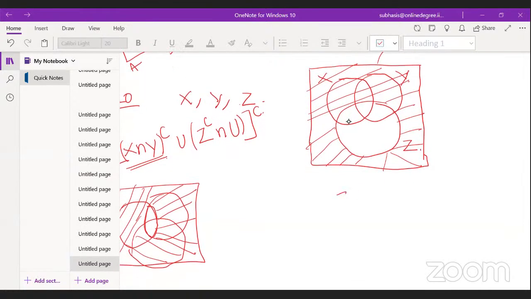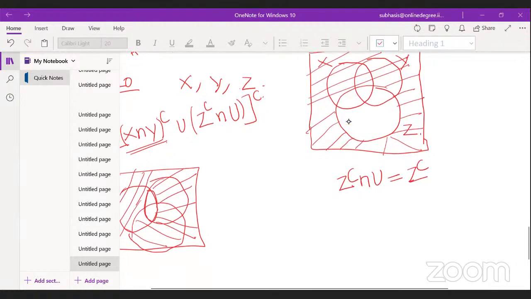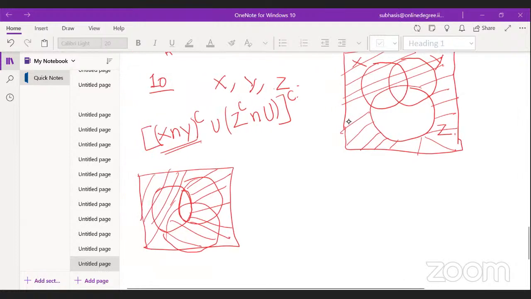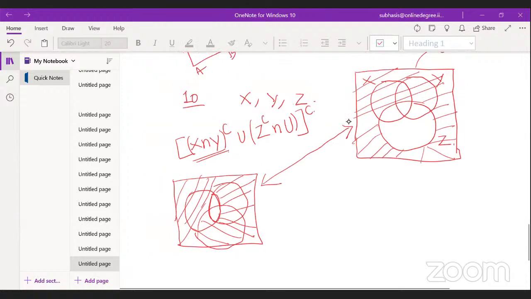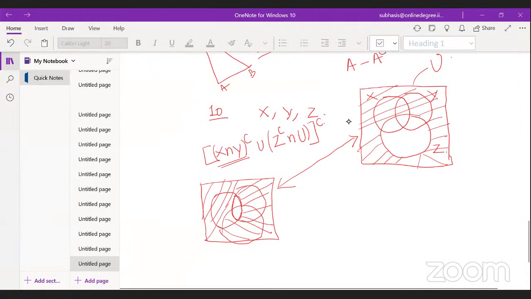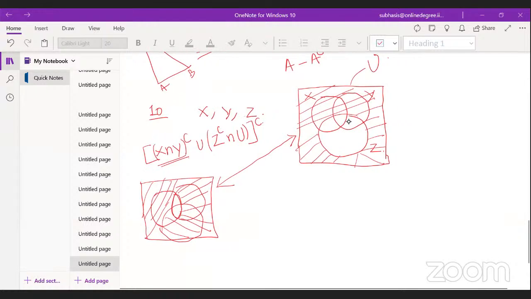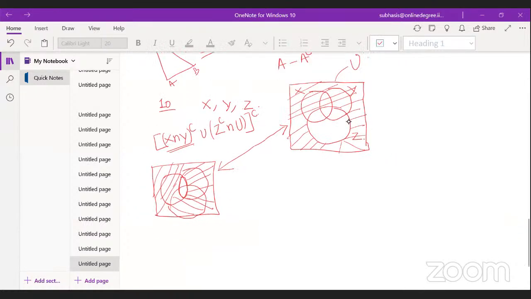So Z complement intersection U is basically your Z complement. So now you have these two sets. We are taking the union, right? So what will we get?